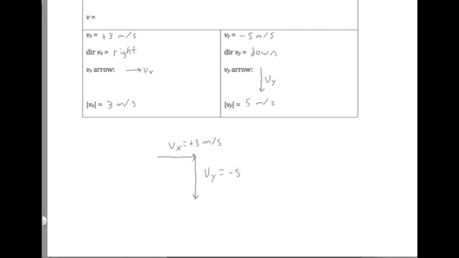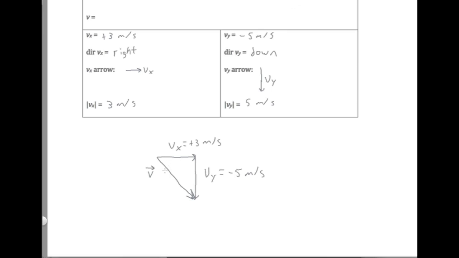This will be our -5. So the overall vector starts here at the tail of this component and ends over here at the head of this component. So I put this arrowhead at this component head and this arrow tail at this component tail. So this will be our overall vector v.